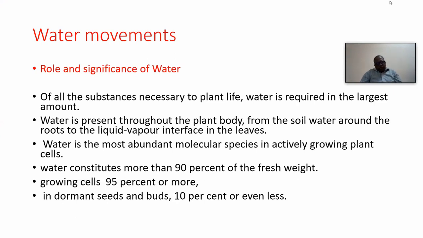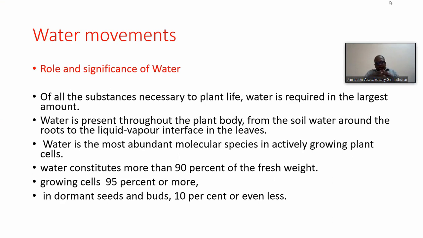In human beings, how many percent? 80 to 90% of water. Like that, the plant also requires a large amount of water. And not only that, it is available throughout the plant body, from the root to the leaf, stem, flower, seeds, everywhere the water is available.